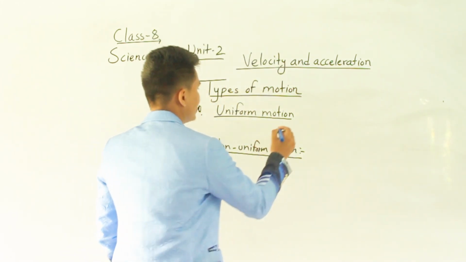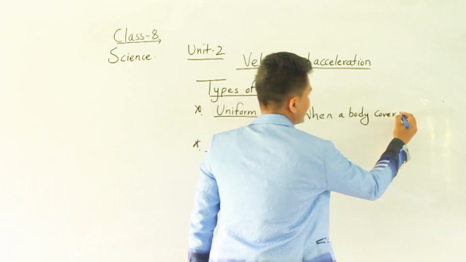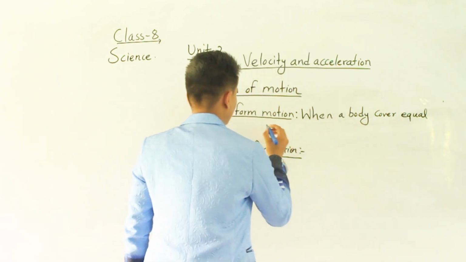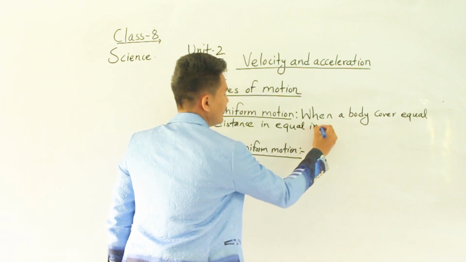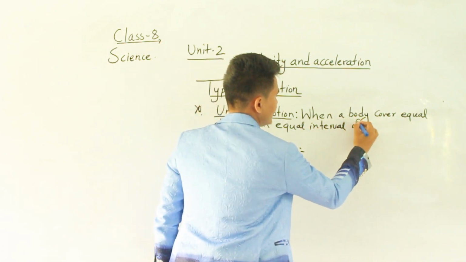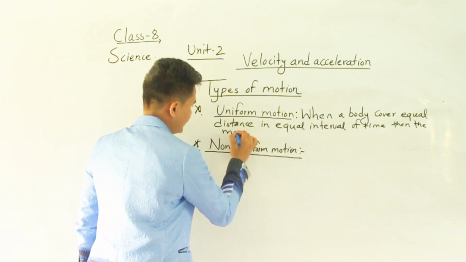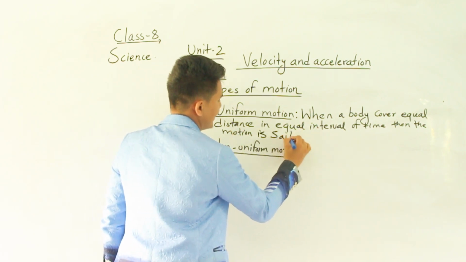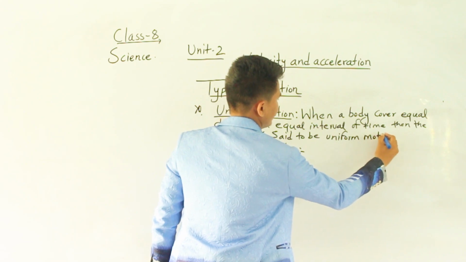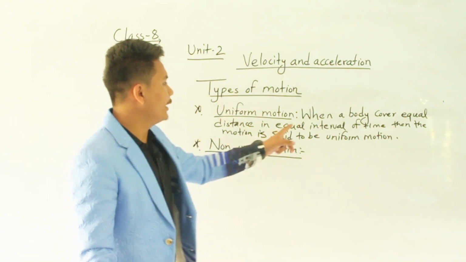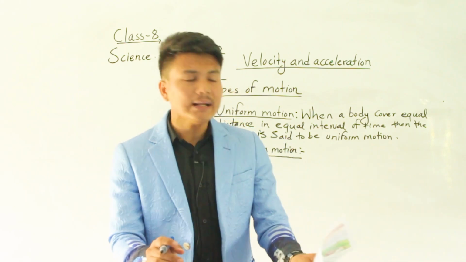So write down: when a body covers equal distance in equal interval of time, then the motion is said to be uniform motion.